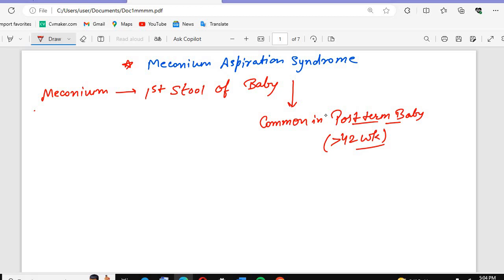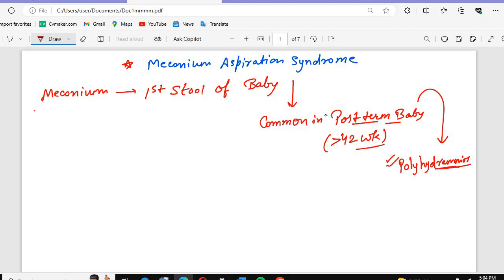See, in case of post-term baby, we will be having polyhydramnios. What is polyhydramnios? Polyhydramnios means there is more amniotic fluid, because as the baby is growing, there will be more urination, and due to more urination there will be polyhydramnios. Other things related to polyhydramnios in post-term baby we will discuss in the obstetrics and gynecology part.